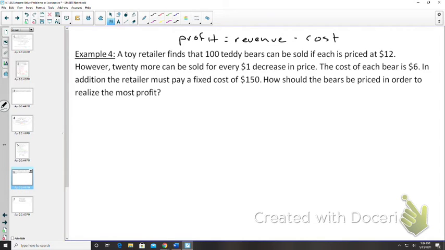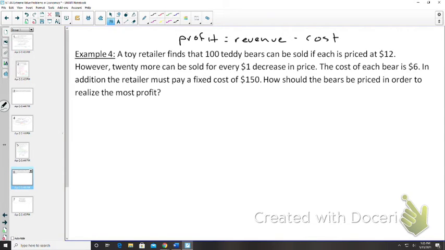However, 20 more teddy bears can be sold for every $1 decrease in price. The cost of each bear is $6. And in addition, the retailer must pay a fixed cost of $150. How should the bears be priced in order to realize the most profit?